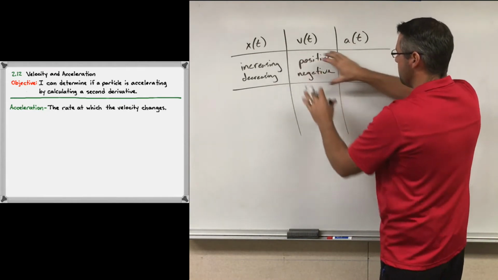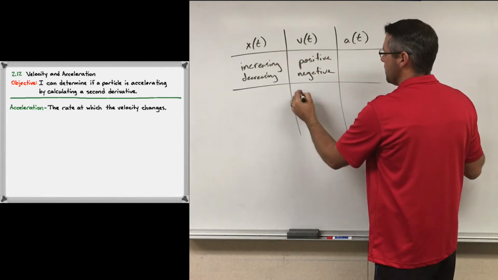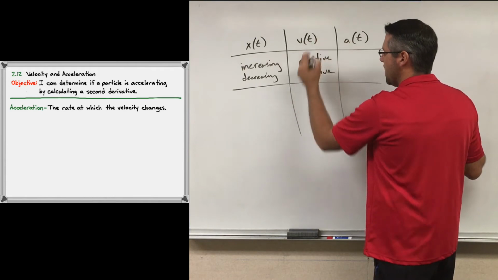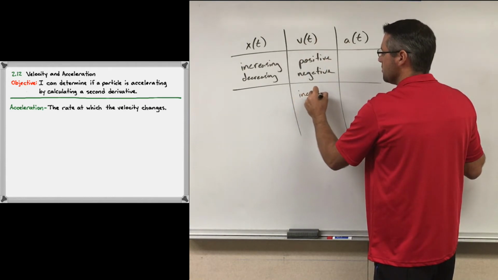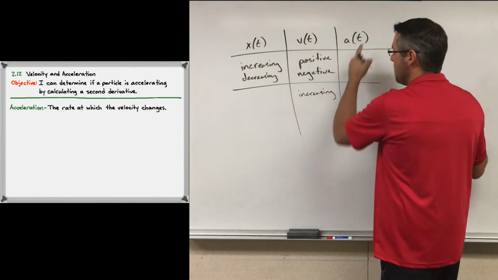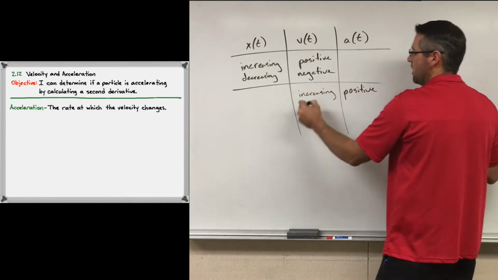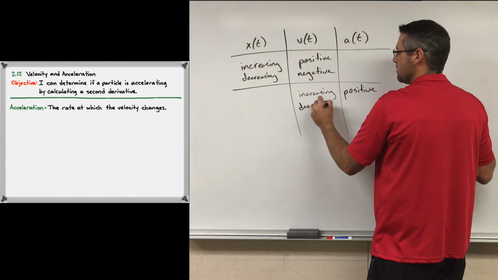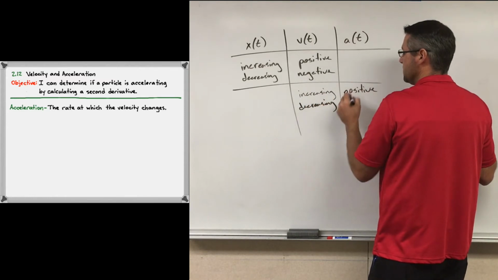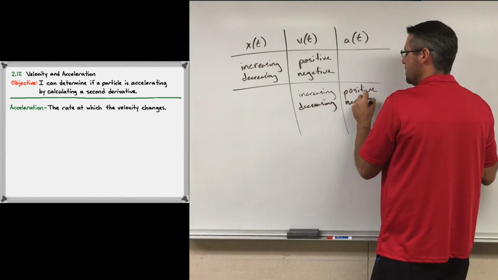So I'm going to create a different column. When velocity is increasing, that implies that acceleration is positive. And when velocity is decreasing, that implies acceleration is negative.